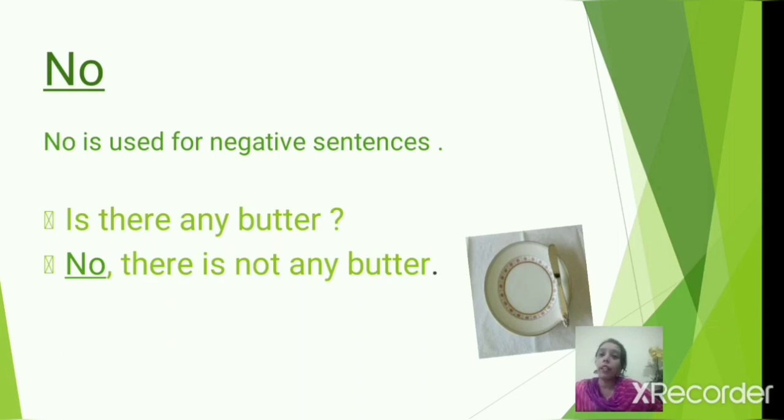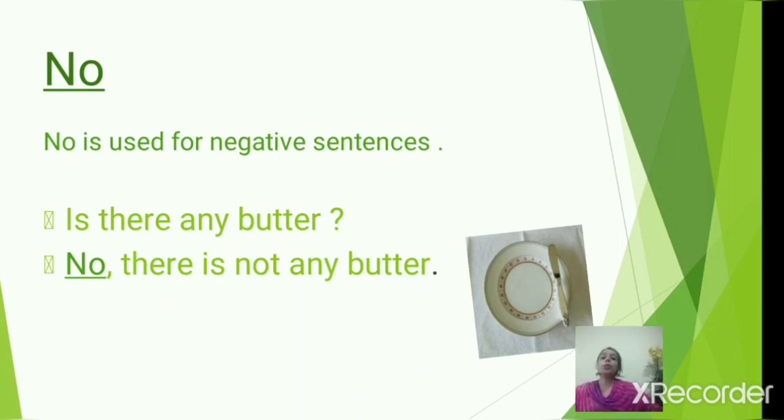Earlier I have already informed you, students, any is used for negative sentences, and when we add not any, it emphasizes the negative sentence. So in other words, we can say there is no butter. Yes, students.